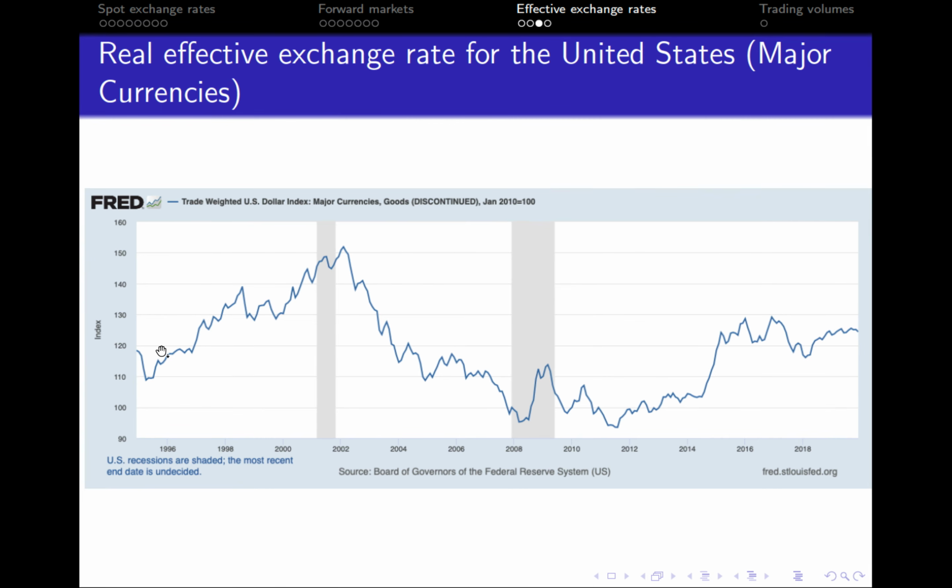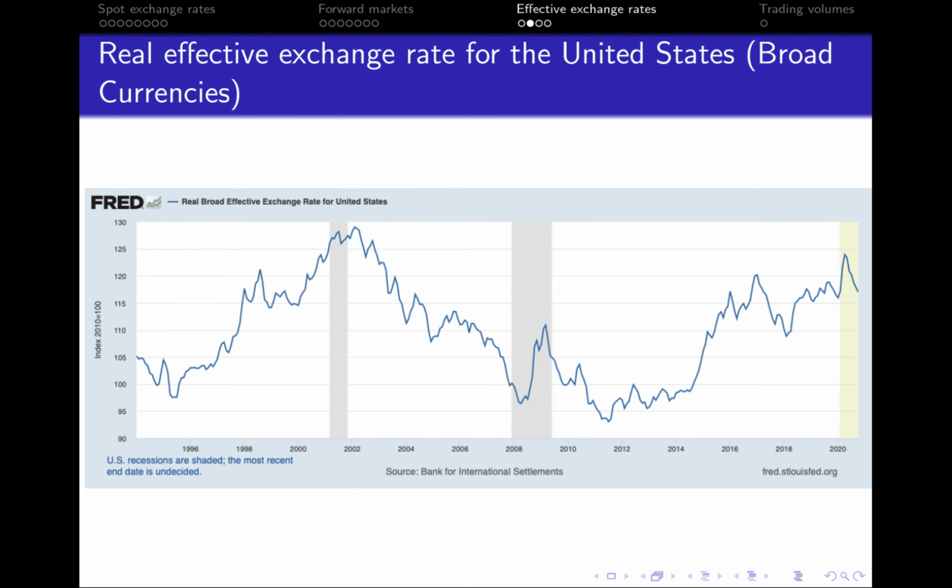Well, the reason is very simple. Look, in case of the broad real effective exchange rate, we have a lot of different currencies. And if we have a hyperinflation in some country, then the value of this currency can drop significantly.